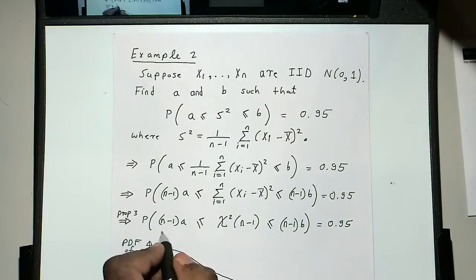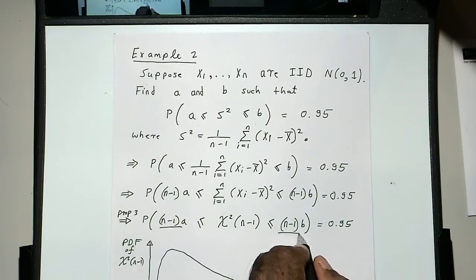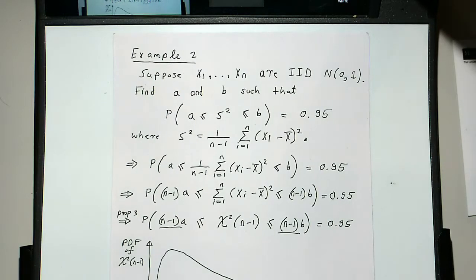Now we have 2 points, this point and this point, and the area between these 2 points is 95%. That is this area here.